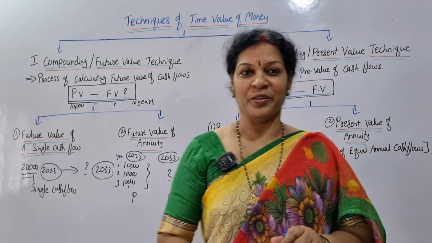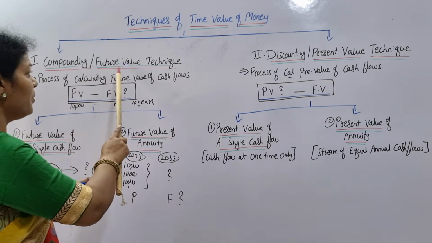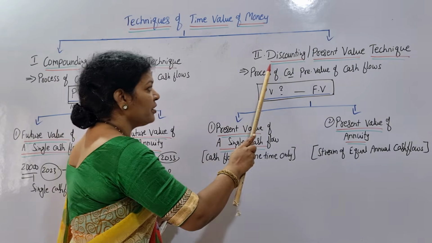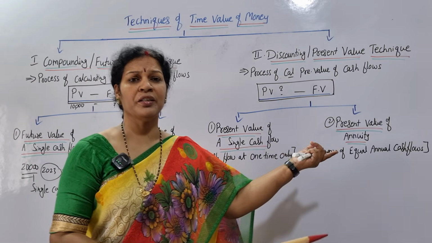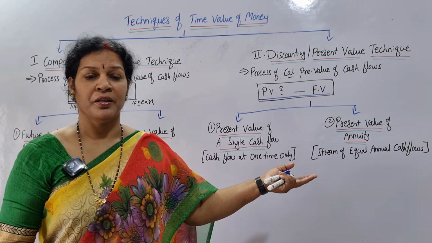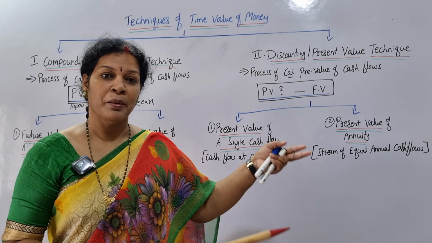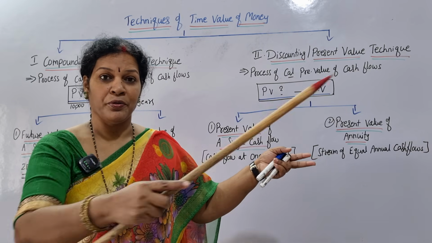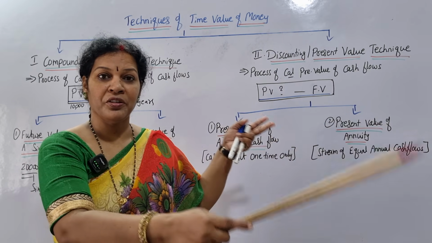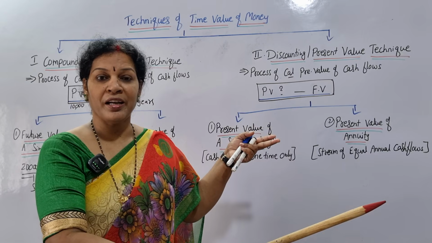Now coming to the second one. This is compounding or future value technique. Now this is discounting or present value technique. Present value technique means how much it is worth at present, that we want to calculate. Future value we know: after 10 years I am going to get 10 lakh.